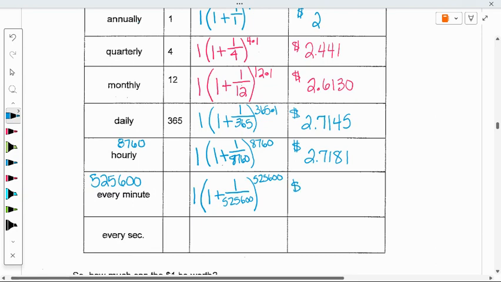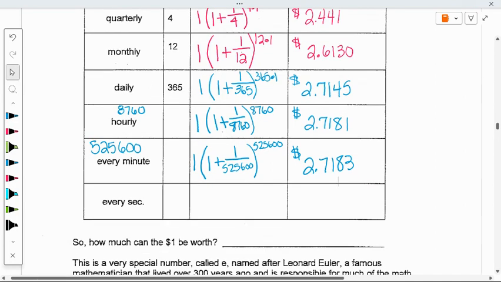So now I'm compounding my money every single minute. Just more interest, more interest, more interest. How much is it now? 2.7182. Okay. What about every second?